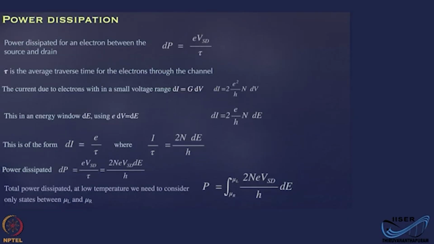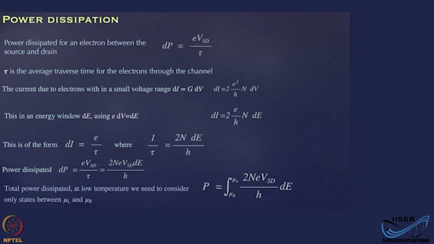Now, the power dissipation. So we know where the energy is deposited: source side and drain side, and there is no energy deposited on the drain side. And we need to know what this power is and how it is related to the resistance that we are measuring.